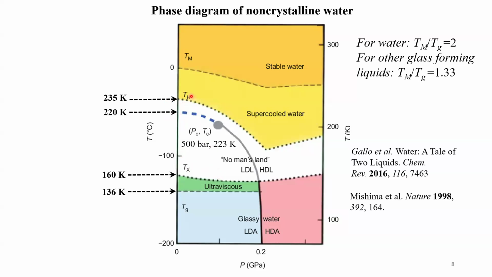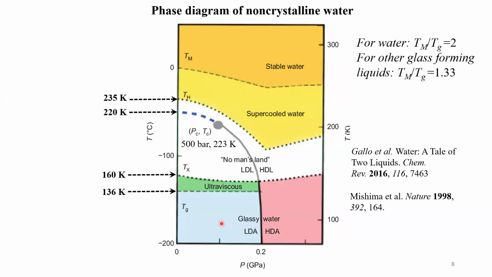Now we do one thing: we quench it very fast, and you will reach the glassy state. What is the glassy state, for students? Glassy states have a structure like liquid water but dynamics like a solid, very slow. Glass means the structural relaxation time is more than 1 second, and the viscosity is more than 10 to the power 13 poise.